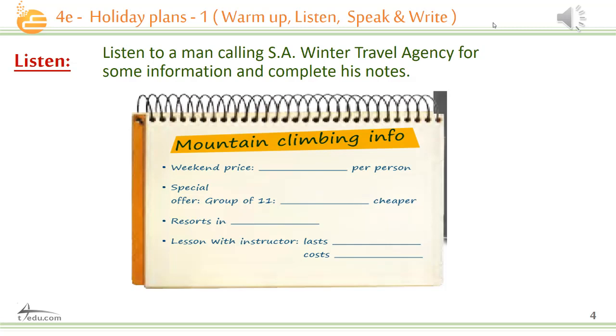I've always wanted to go there. There's one other thing I'd like to ask about. Some members of our group aren't experienced climbers. They'll need an instructor for a while, but lessons won't last all day, will they? No, they are just for a few hours in the morning. And are they expensive? Not really. It usually costs 80 Saudi Riyal for 2 hours. Great. Okay, I'll talk with my group and I'll let you know.